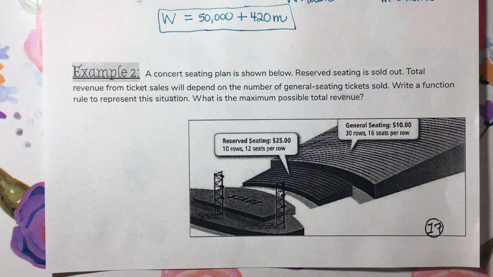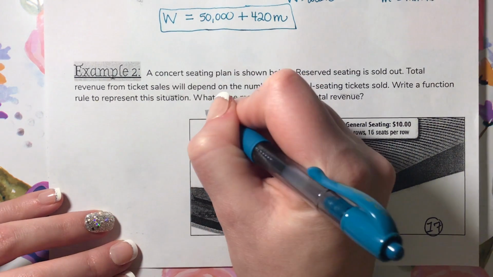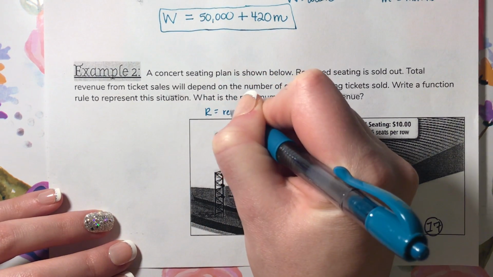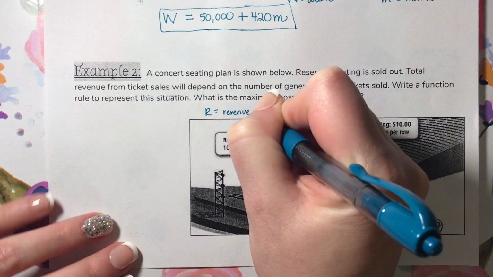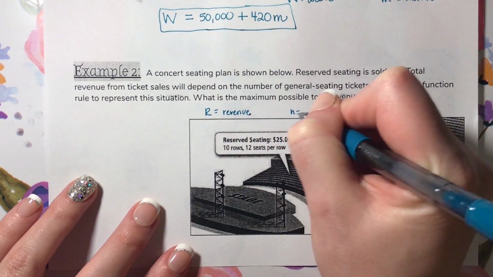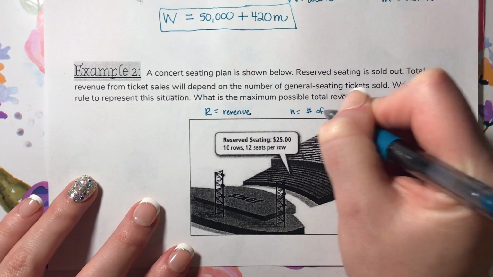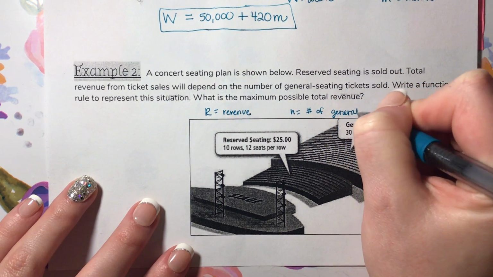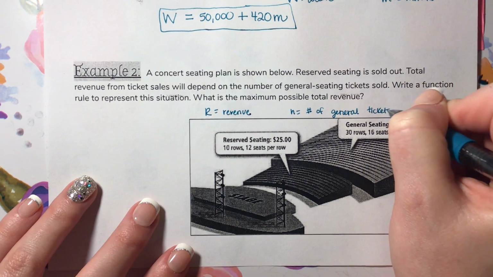So my two variables in this are how much revenue or how much money are they going to make based off of how many tickets they sell. So I'm going to say R is equal to revenue. And then I'm going to say N is equal to number of general tickets sold.